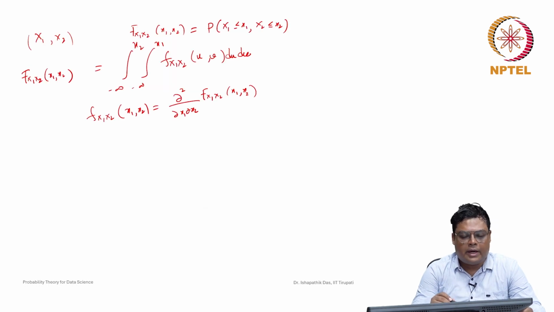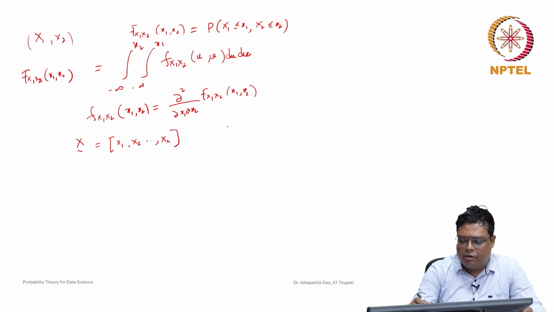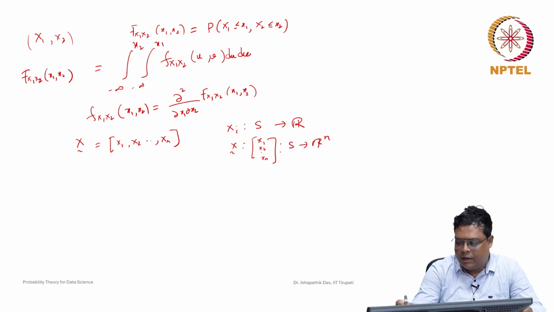Similarly, when we extend to a multivariate random variable with n random variables X1, X2, up to Xn, we consider X as a vector. Each Xi is a measurable function from S to R, so this vector is a random vector, a function from S to Rn.